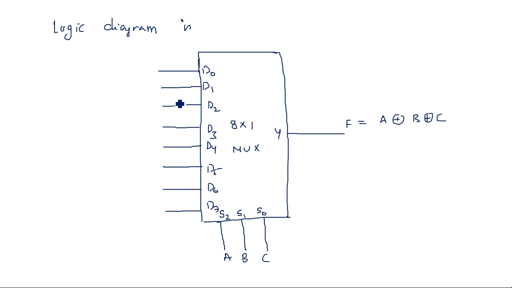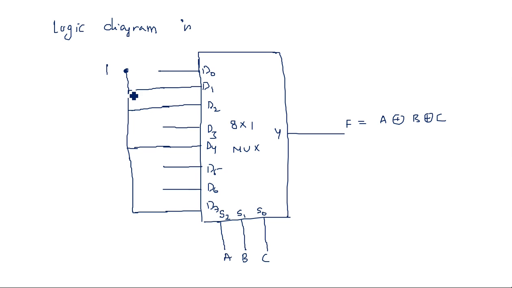So 1, 2, 4, 7. These pins are connected to 1, or we can say to VCC.